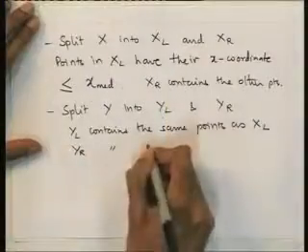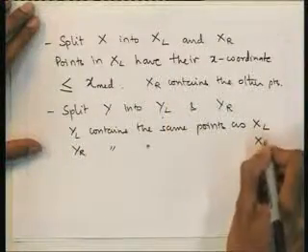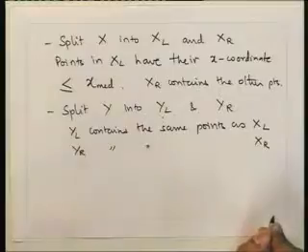Similarly, YR contains the same points as XR. So this divides the input into two parts. Initially, you had the sorted arrays X and Y, and now you have created XL, XR, YL, YR.